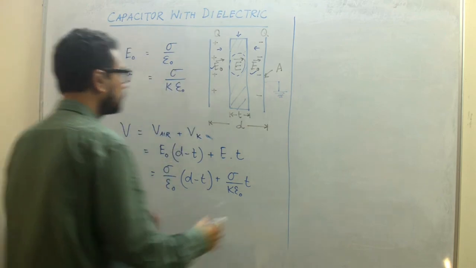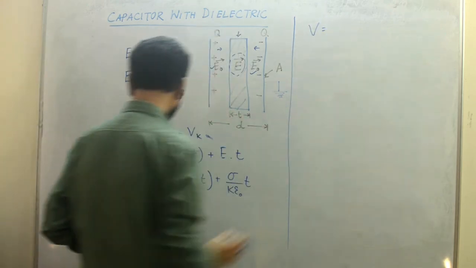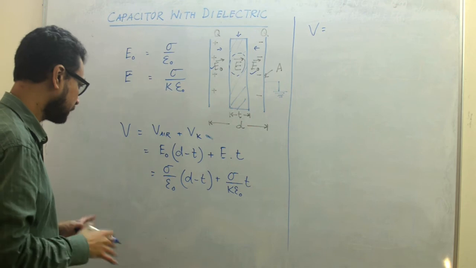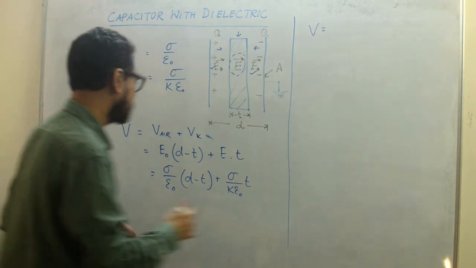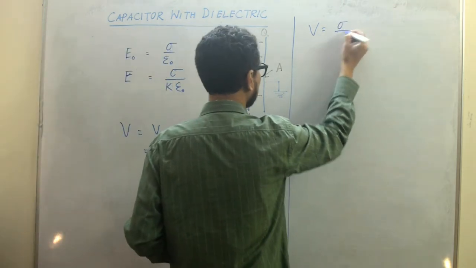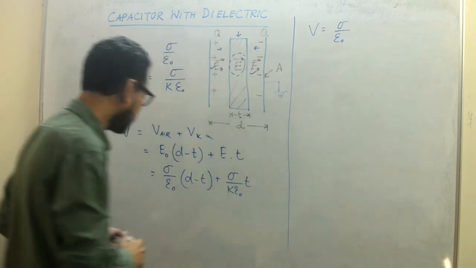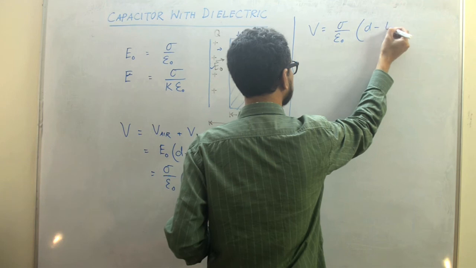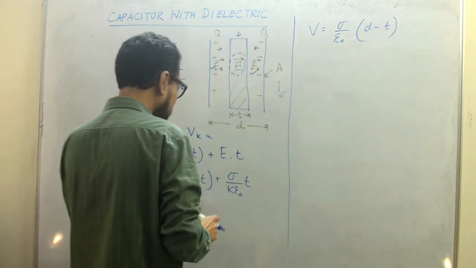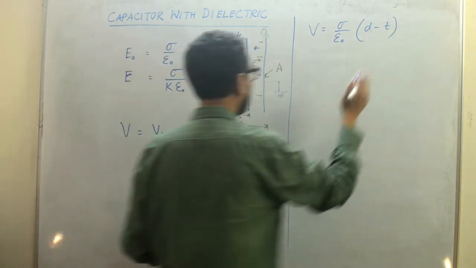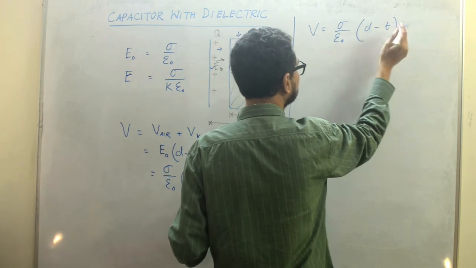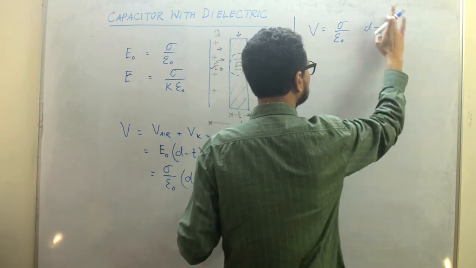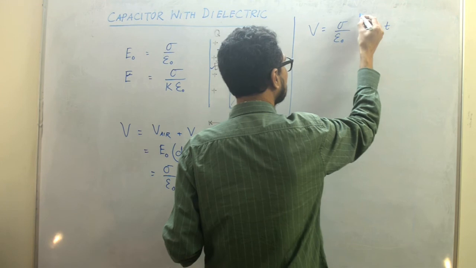Now let us continue. This is the potential we are getting. We can see that we have to arrange something. We can arrange it so that sigma by epsilon naught I can take common, and then we have D minus T as usual, plus T by K. Okay, let us arrange it first.